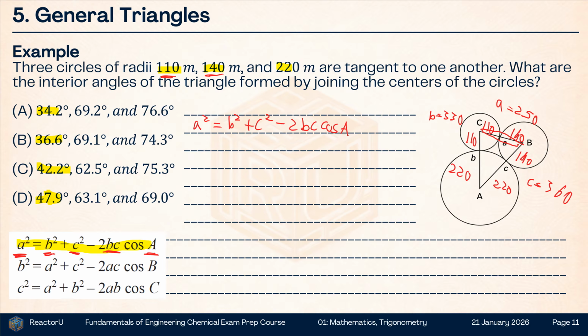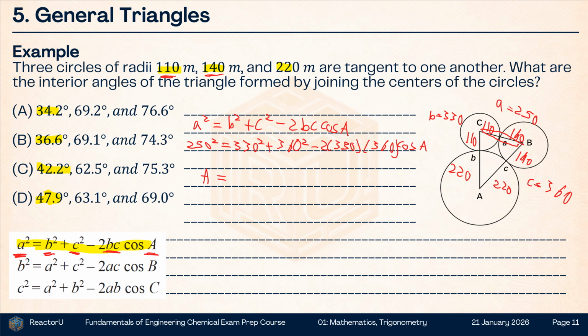So what is A? We have A as 250 squared equals 330 squared plus 360 squared minus 2 times 330 times 360 cosine A. And now we just plug it into the calculator and let's find the A.